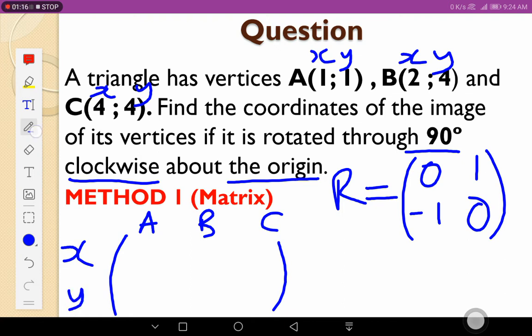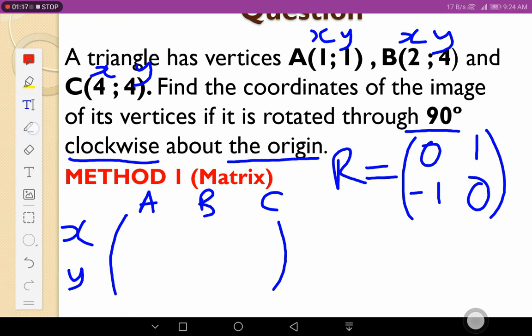So I'll have the vertices of A as 1 1, for B, 2 4, and for C, 4 4.